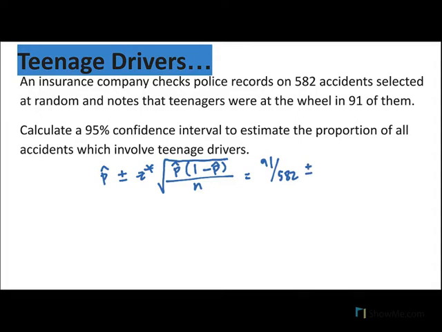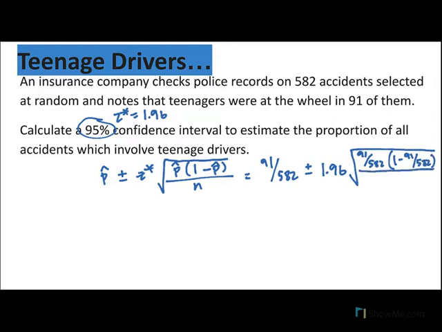I'll do plus minus. My confidence level is 95%, so my z star for that is 1.96. And then times the square root of p hat, so 91 out of 582, times 1 minus that, 1 minus 91 out of 582, divided by 582.